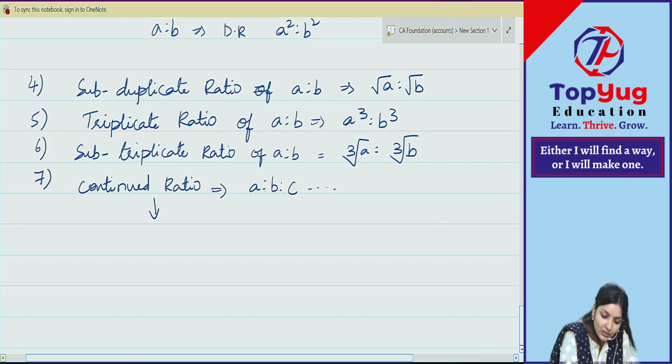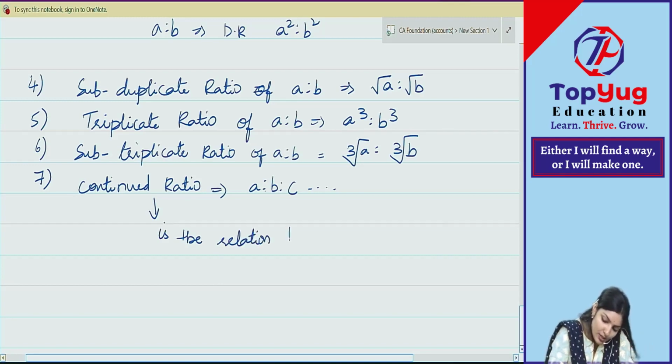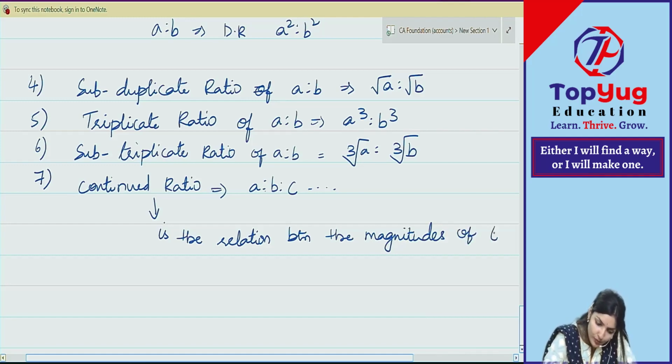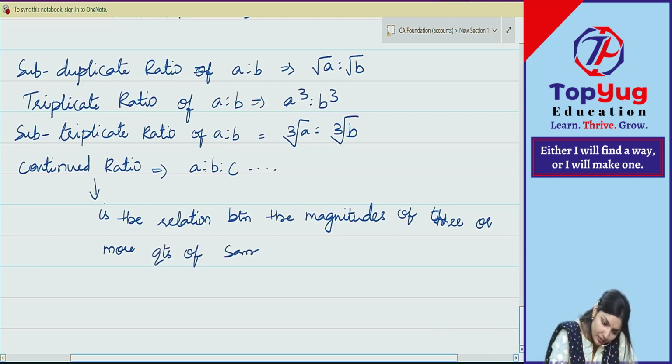It is the relation between the magnitudes of three or more quantities of the same kind.